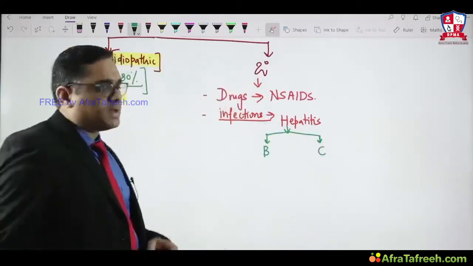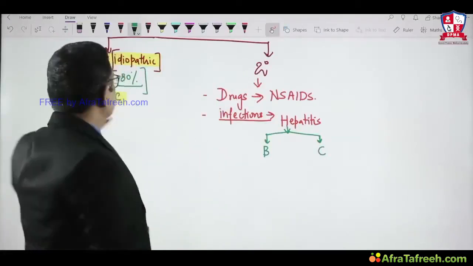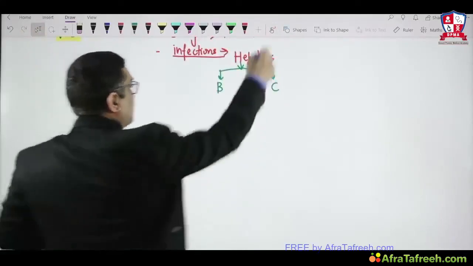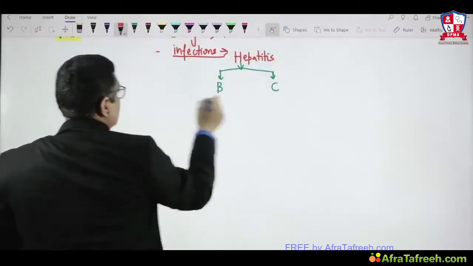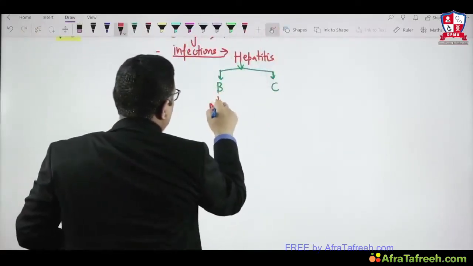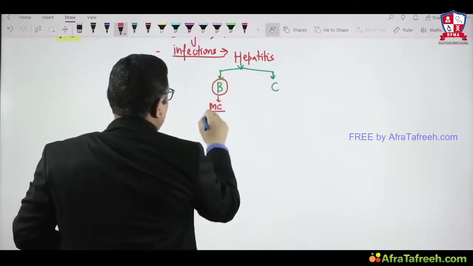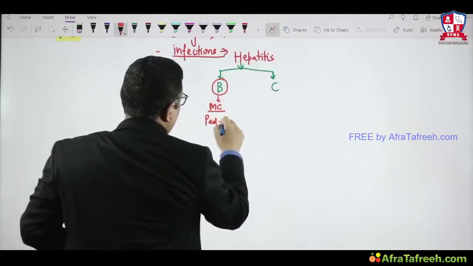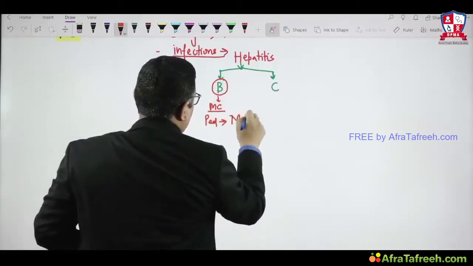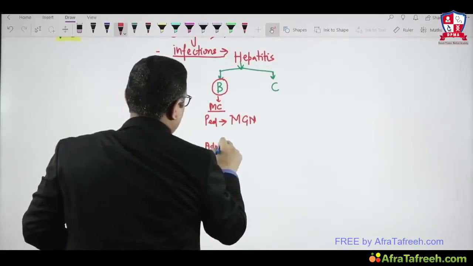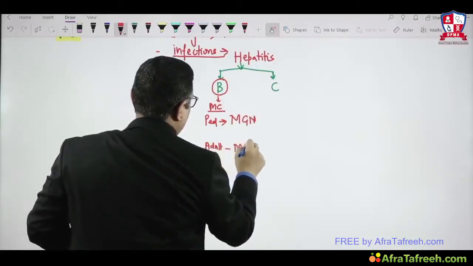Two important things, right? For hepatitis B, what is the most common glomerulopathy? If the examiner asks about hepatitis B, it is the membranous glomerulonephritis in the pediatric age group, and in the adult age group, it is MPGN.